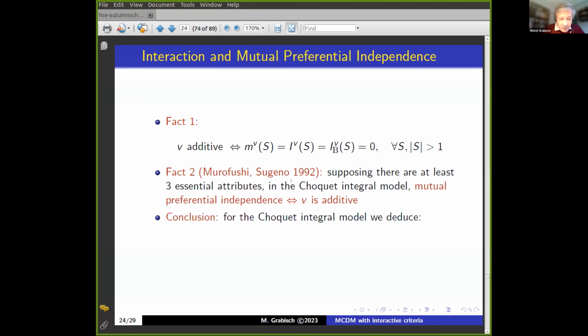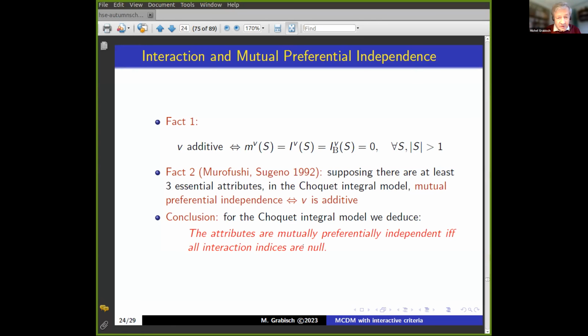And so now the conclusion, if we combine the two facts, then we have an equivalence between no interaction and mutual preferential independence. What we exactly said at the beginning. But now we have a mathematical definition of interaction, and this definition matches our expectations.